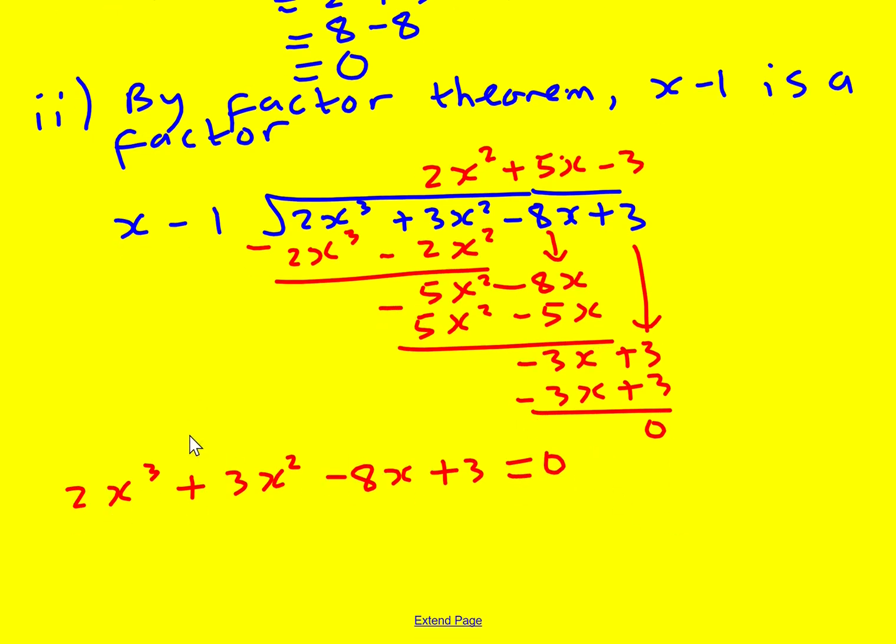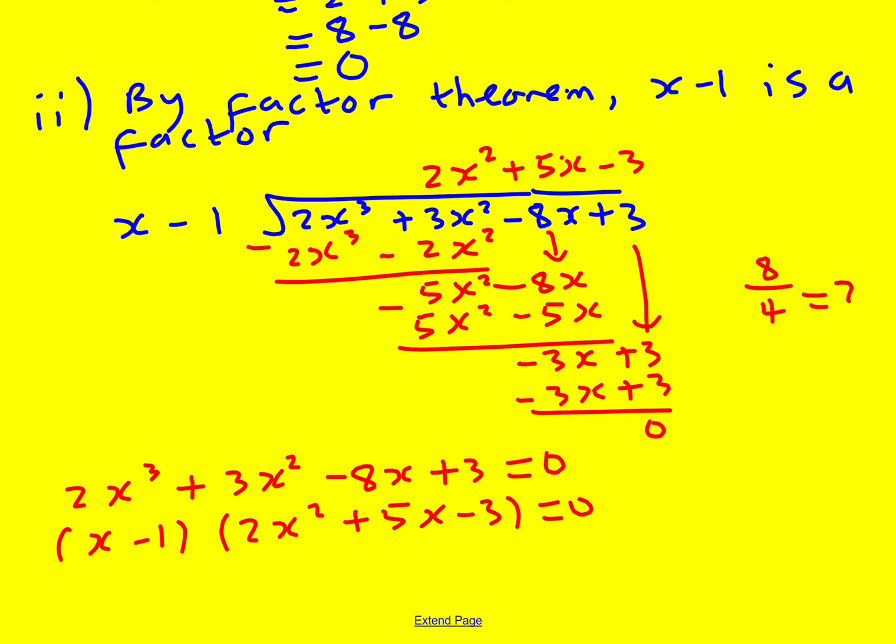But we've just basically shown that the cubic can be written as x minus 1 multiplied by 2x squared plus 5x minus 3. It's a bit like saying that 8 over 4 is equal to 2, so 8 is equal to 2 times 4. Because this cubic divided by x minus 1 is equal to this, so it must be that x minus 1 times the quadratic equals the cubic.